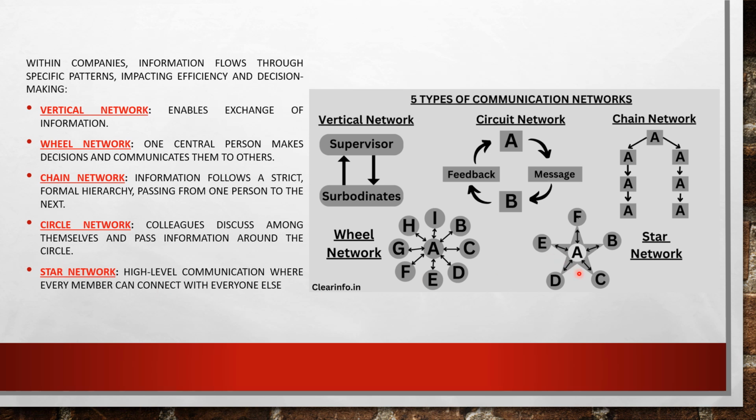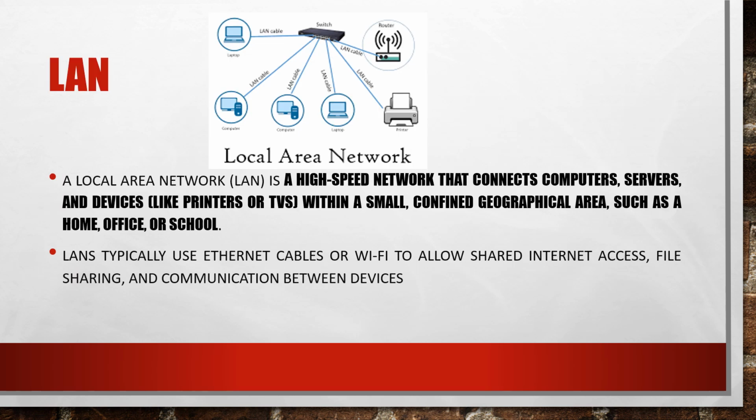And finally, the star network is similar to the wheel, but here in addition, all the nodes can communicate with each other. That is ensured by the star network, which is the high-level communication where each member can connect with each other appropriately.